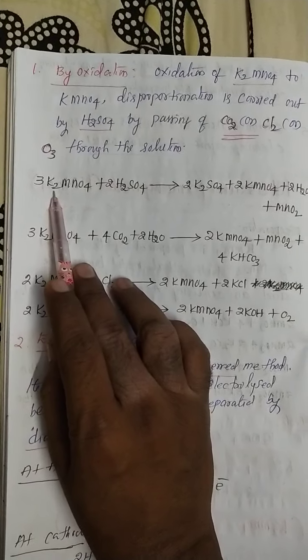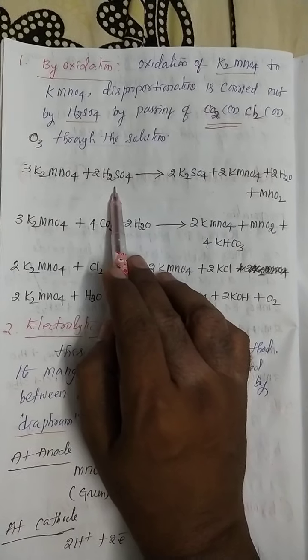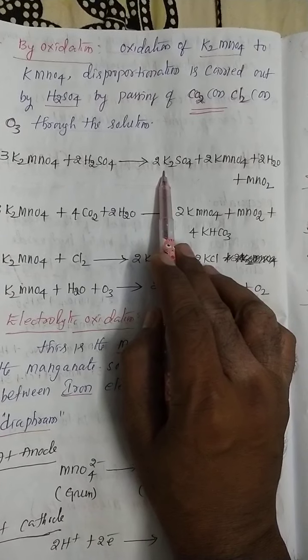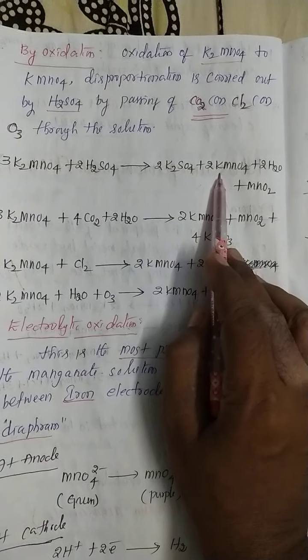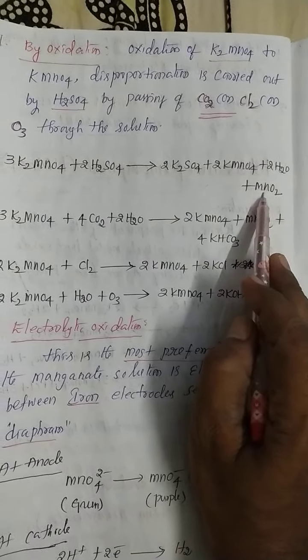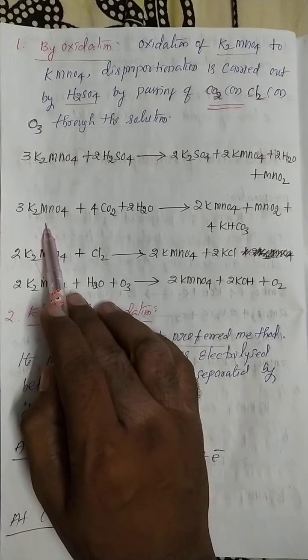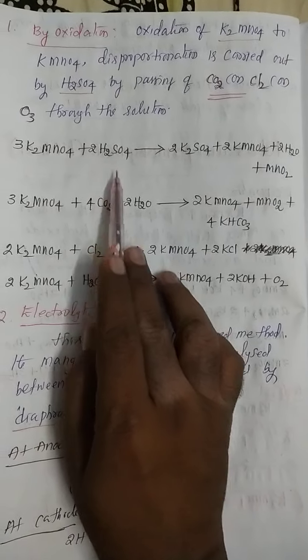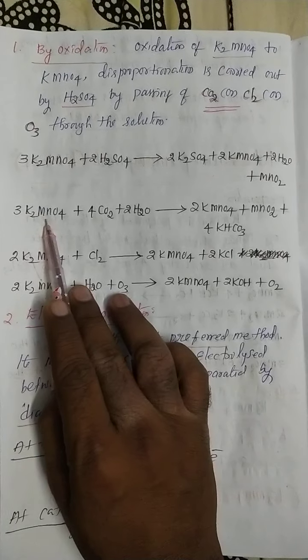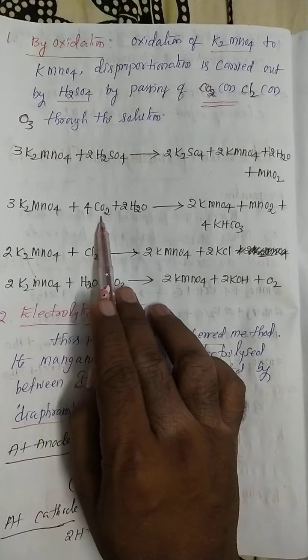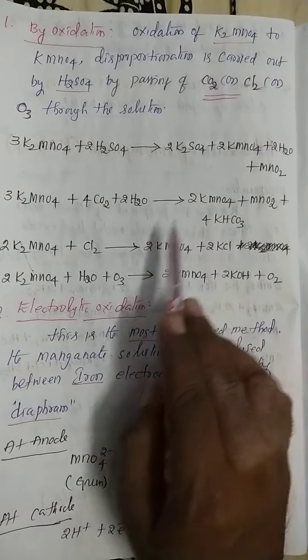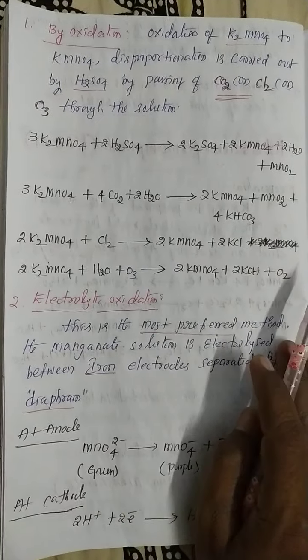See here, potassium manganate reacts with sulfuric acid to form potassium sulfate, potassium permanganate, water and manganese dioxide. Another method: potassium manganate reacts with carbon dioxide and water to form potassium permanganate along with other byproducts.